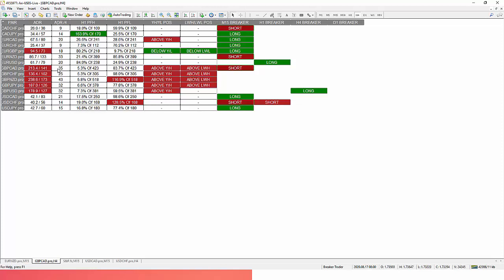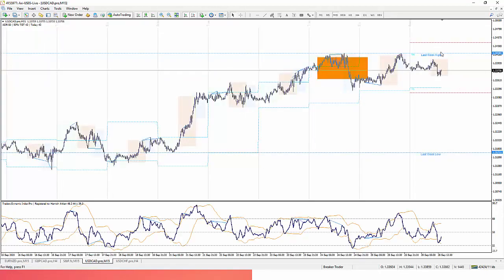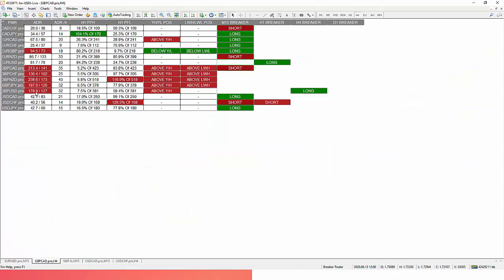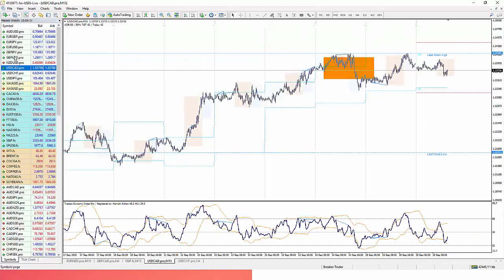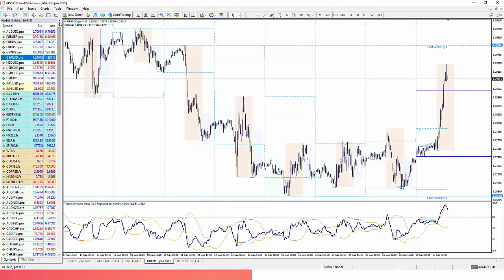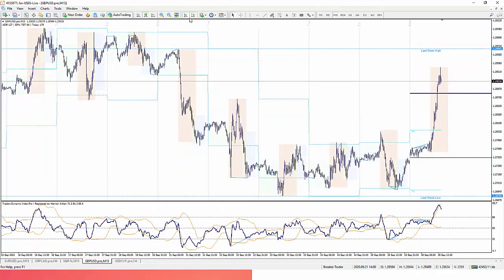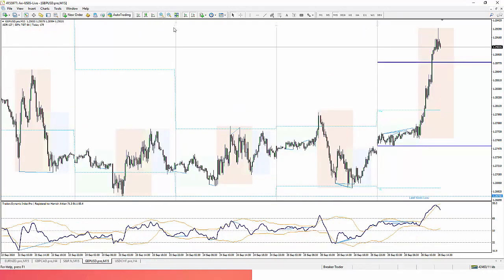That's ADR divided by 4 basically. This column was put in because I had some people who were scalping using order blocks. And what they requested was to know instantly what the ADR divided by 4 figure was. So the theory behind this is when price gets to its average daily range, let's have a look at one that's already hit ADR today, pound US dollar. Quickly get to that. Okay, so pound US dollar has already hit today's ADR.